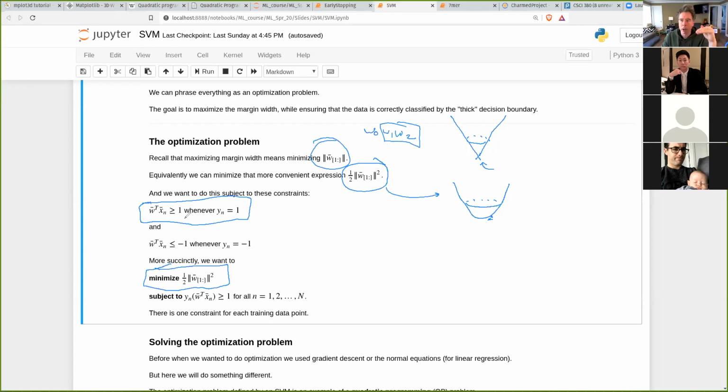So this is the margin for the positive examples. And then there's going to be a lower margin for the negative examples. So this is just saying that we want all of the training data to be outside of the margins, with the positive examples on one side and the negative examples on the other side.